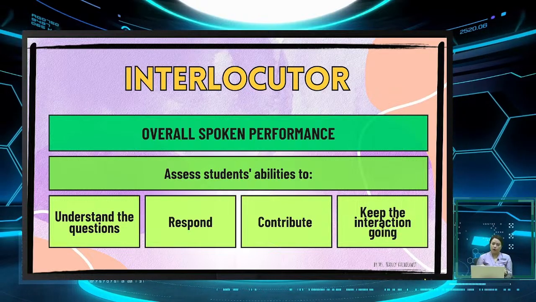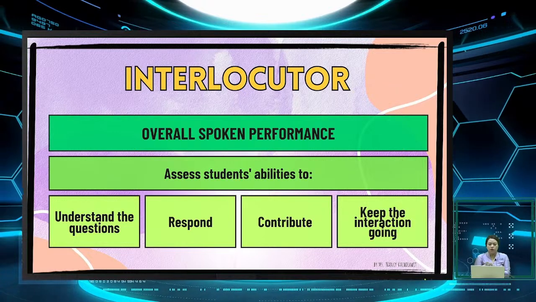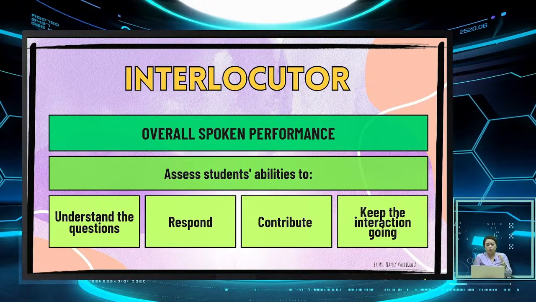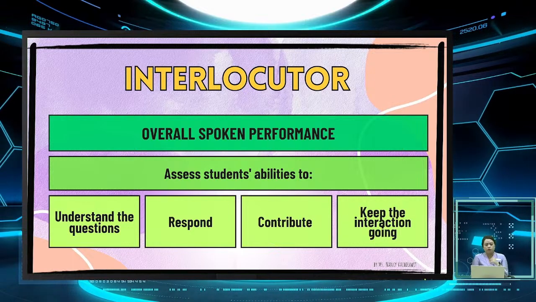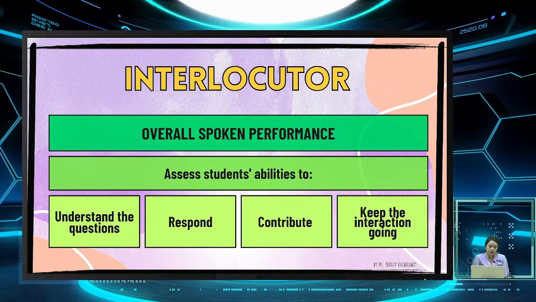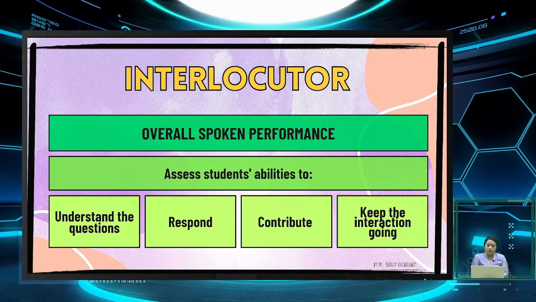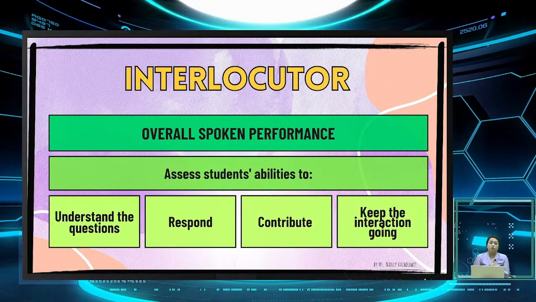If you just keep quiet during the entire session, the interlocutor would deduct your marks from 6 to 5 to 4 to 3 until 0. Alright, so as long as you understand the question, you can respond, you can contribute, and you can keep the interaction going, then you will be okay.